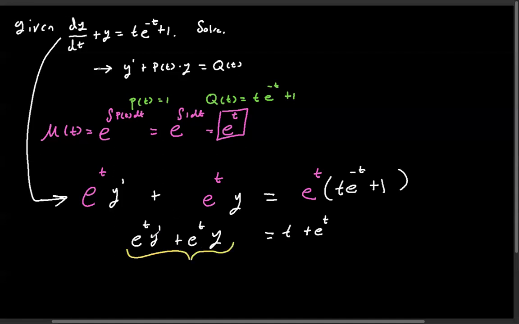We have e to the t y prime and e to the t y. This reminds me of the product rule. With the product rule, I'm sure you already know, if you have two functions and you take the derivative, it's the derivative of the first times the second plus the first times the derivative of the second. We don't care about order; we can switch it up as we please.